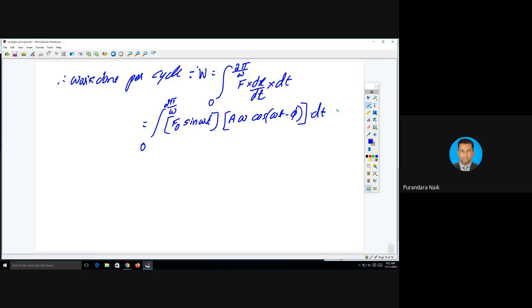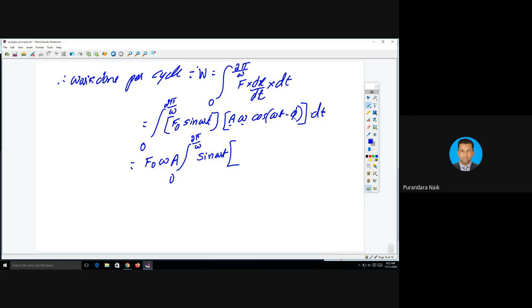Now we need to integrate this term. Here F naught is a constant, a is constant, omega is constant, so we'll take them out: F naught omega a, integration from 0 to 2 pi by omega of sine omega t into cos of omega t minus phi.